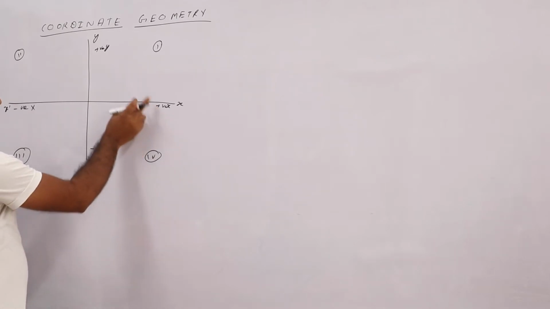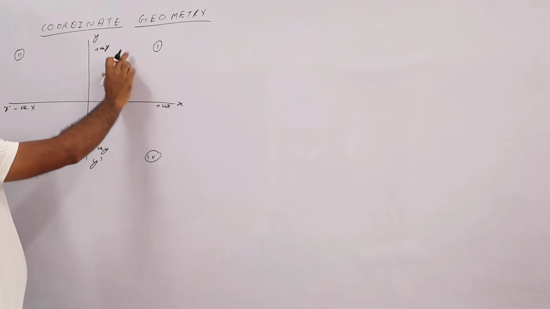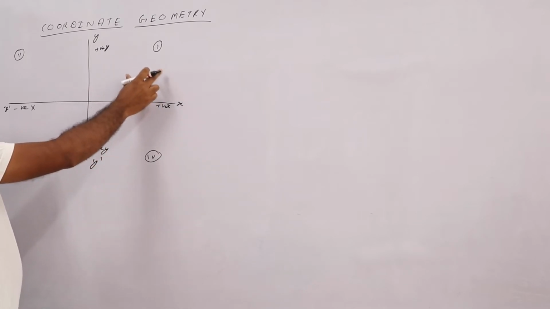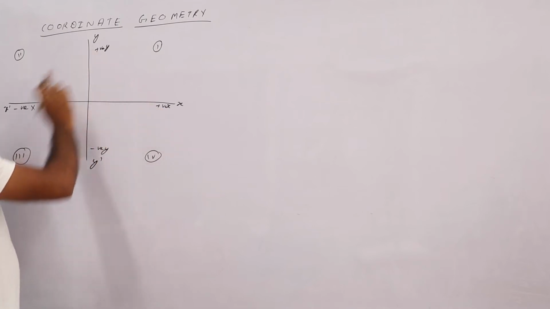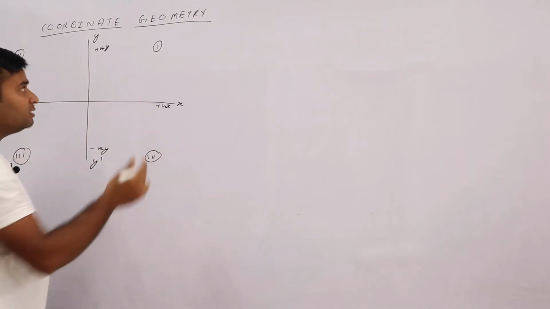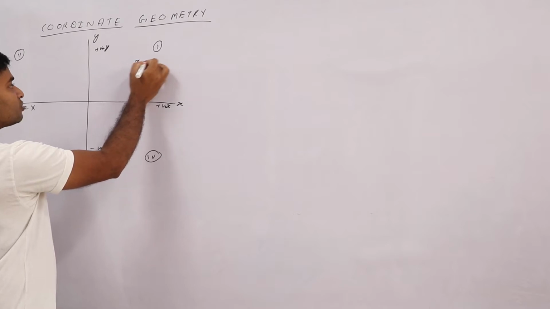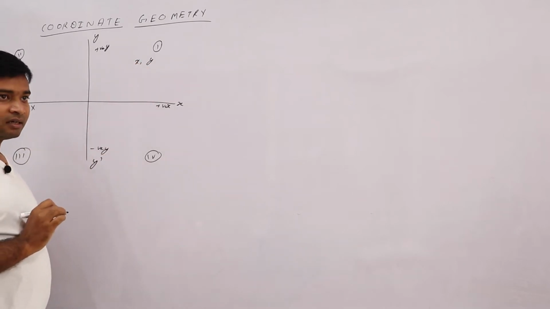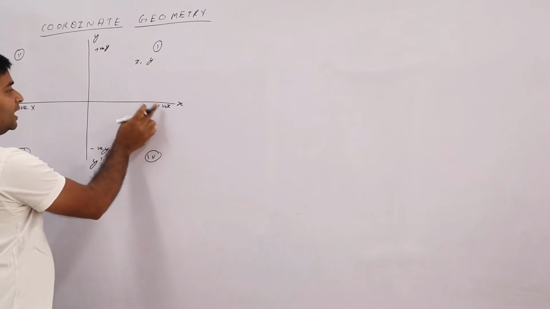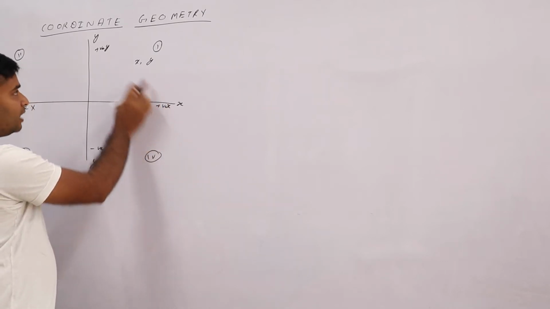Next, how to see whether the coordinates will be positive or negative. In the first quadrant x is positive, y is positive, and we always write x comma y. Here x is also positive and y is also positive.